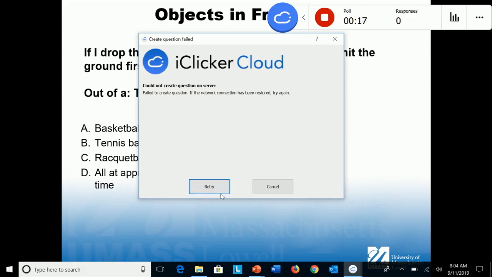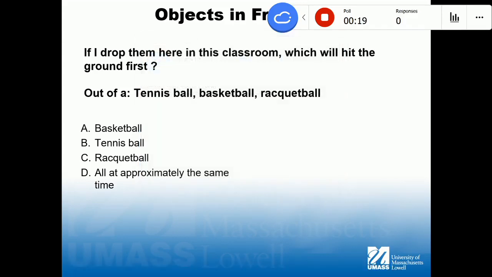Okay. Isn't that fun? Did anyone manage to actually click in? I'm not seeing anyone click in. Sorry? It says that we're in the class, but then that doesn't come up.